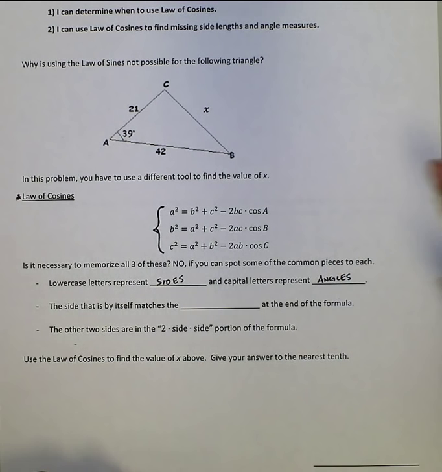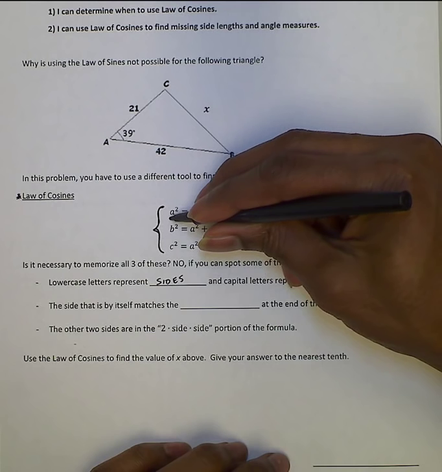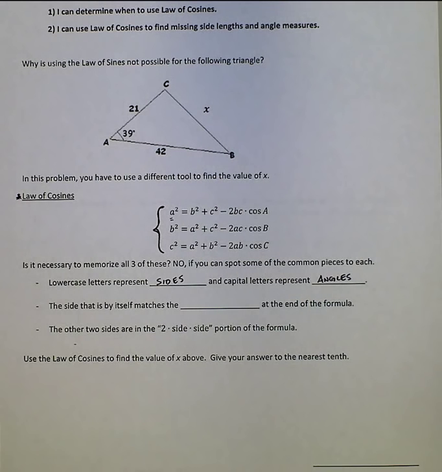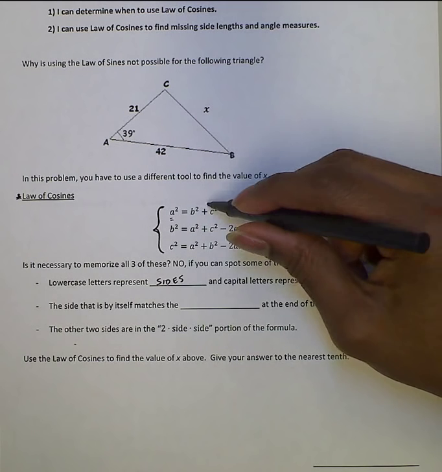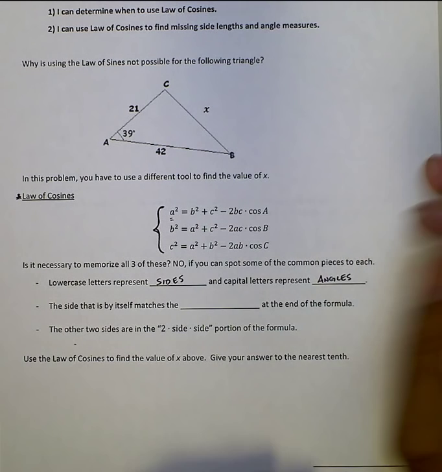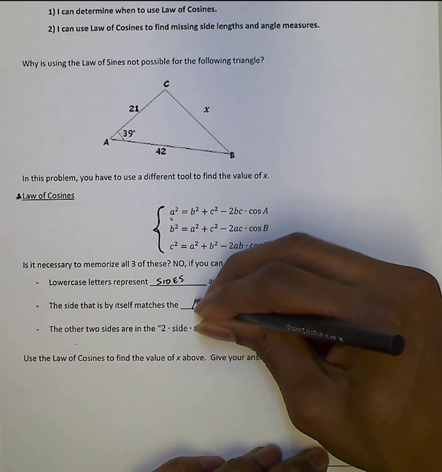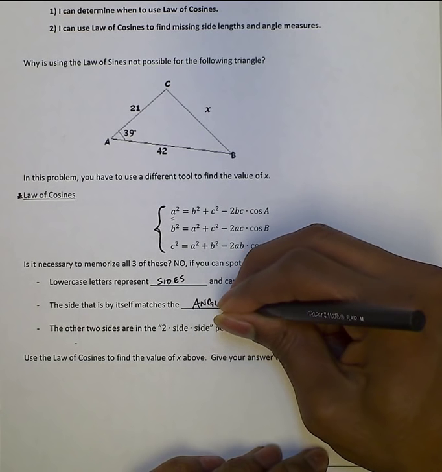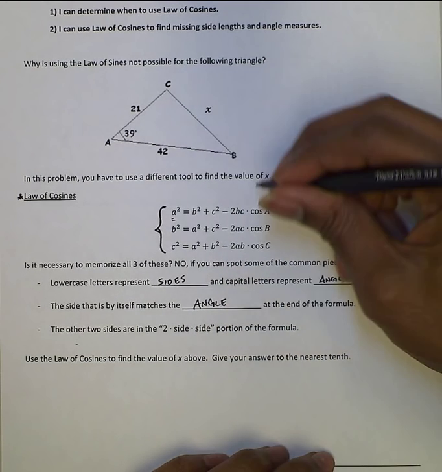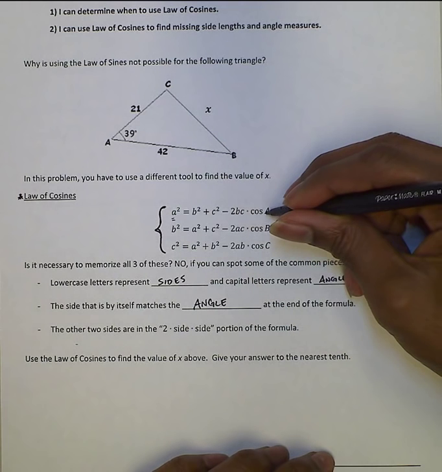The side that's by itself in the formula, so you'll notice in this first formula, A is by itself, probably the one that we'd be trying to find, has the angle that's by itself. So side A here, cosine A at the end.